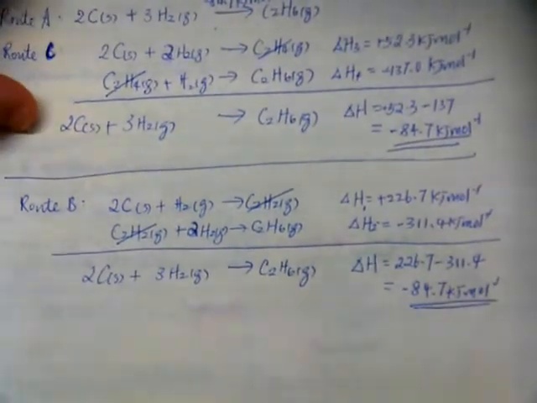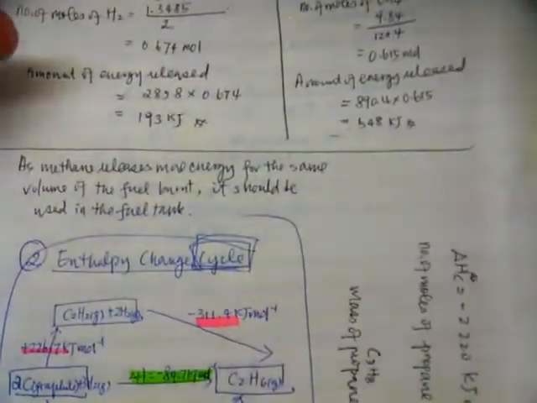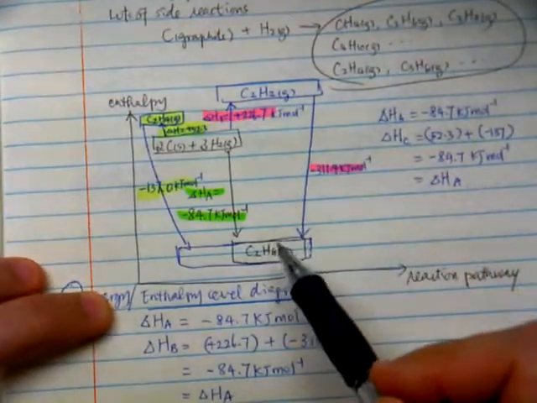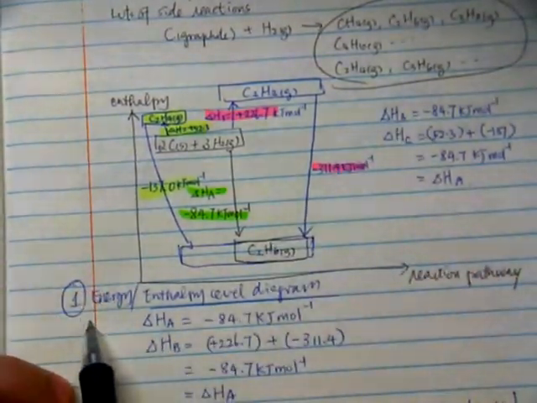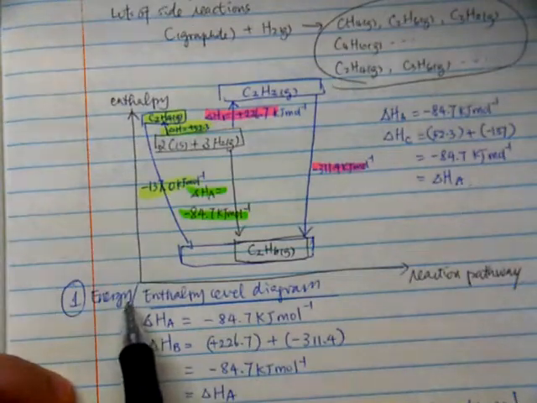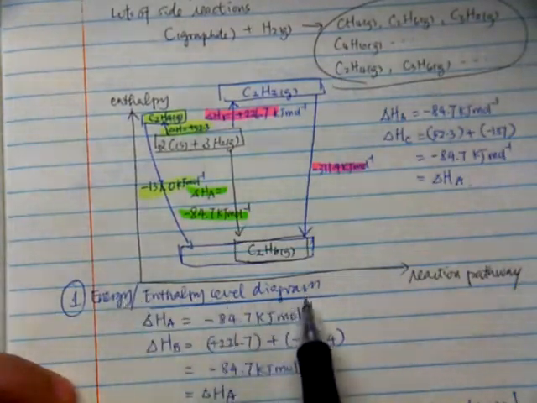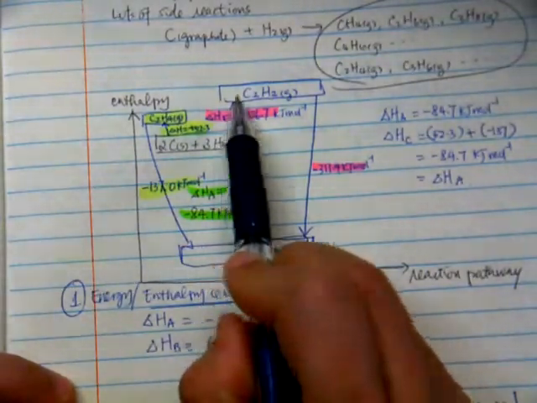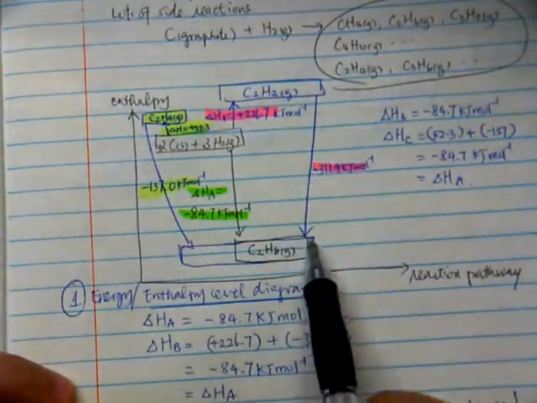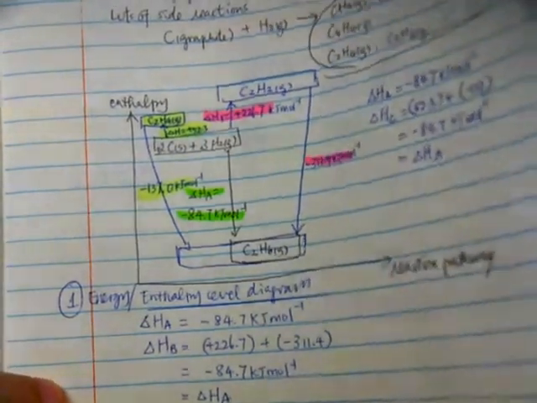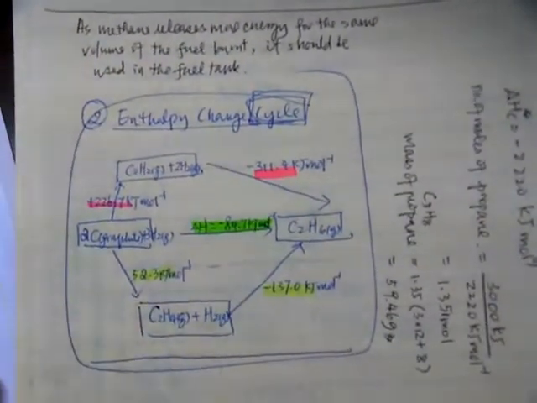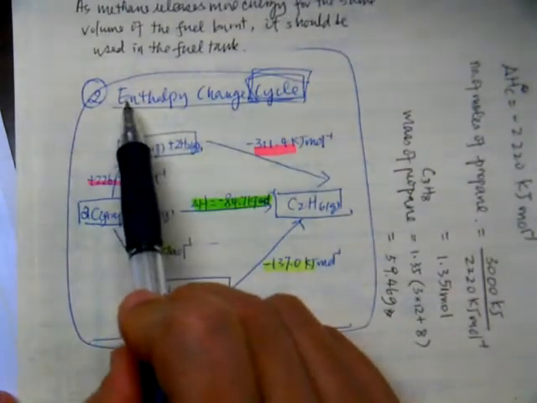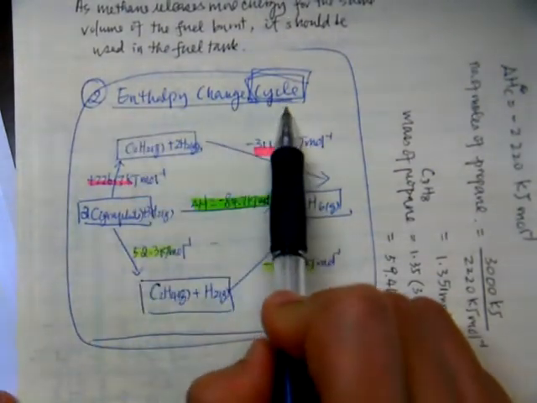Okay? Now, in other words, there are three approaches to relate these three routes together. This is the first approach, drawing an energy level diagram. Endothermic, you should point upwards. Exothermic, pointing downwards. The second method is called the enthalpy change cycle.